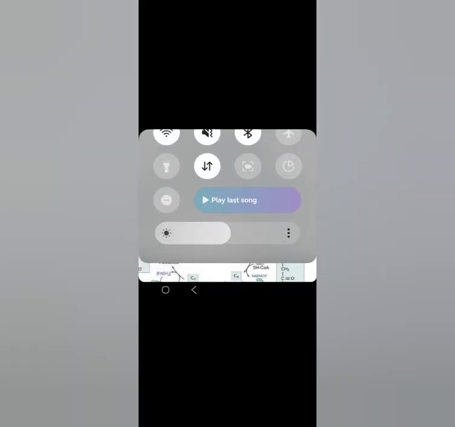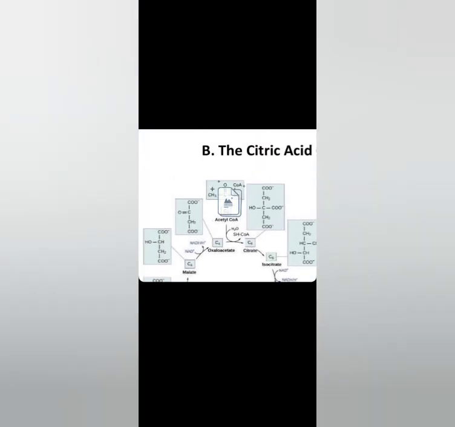These two together will be brought together, 4 carbon and 2 carbon, to make a 6-carbon molecule that is called, you don't know the name, citrate. So this is step one.